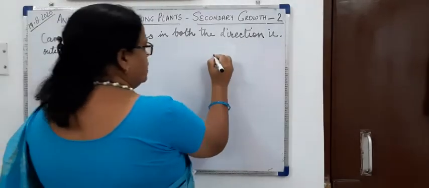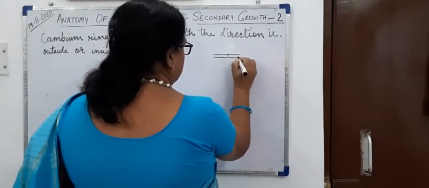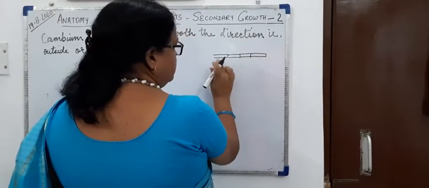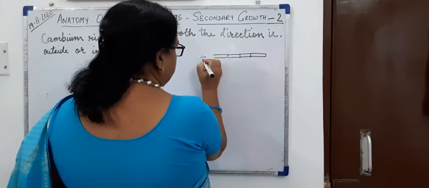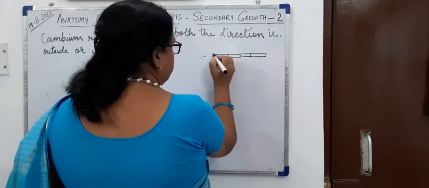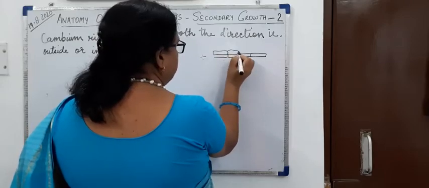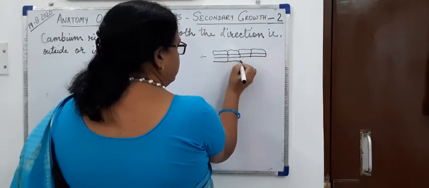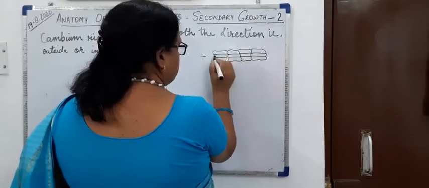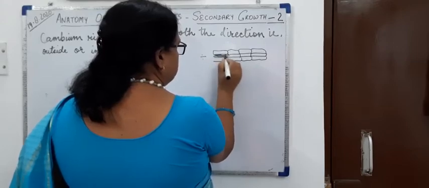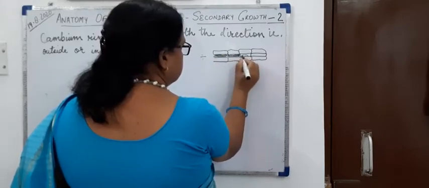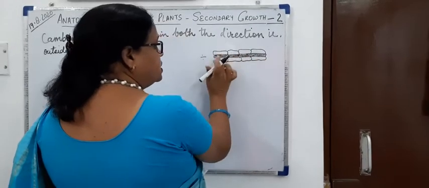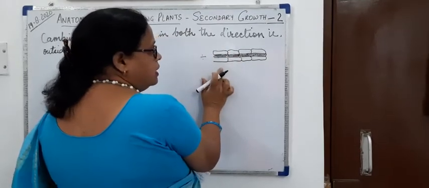So suppose this is the meristematic cell of the cambium ring. When it divides, it will be producing the cell outside also, and it will be producing the cell inside also. So this is the cambium ring cell, and when it divides, it may produce the cell outside, it may produce the cell inside.